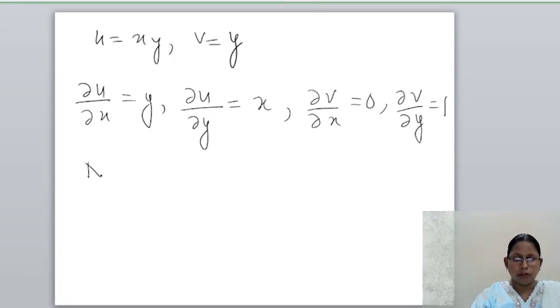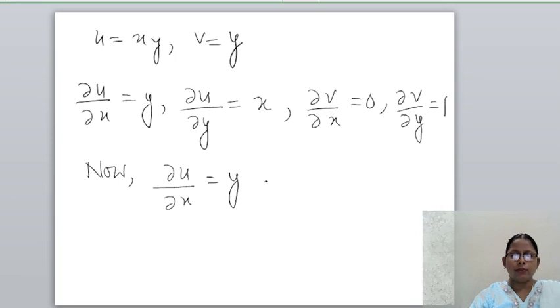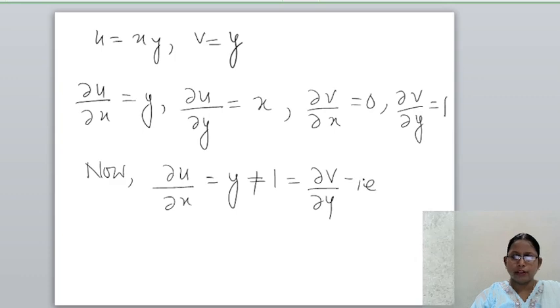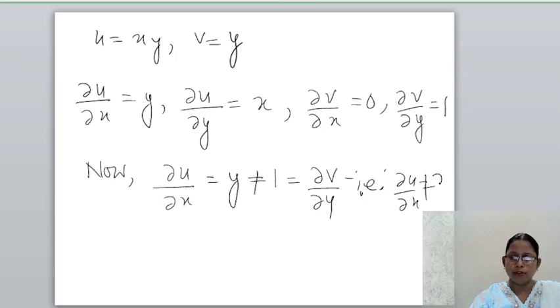Now check the Cauchy-Riemann equations. ∂u/∂x is y, which is not equal to ∂v/∂y, which is 1. So ∂u/∂x is not equal to ∂v/∂y. Now minus ∂u/∂y.